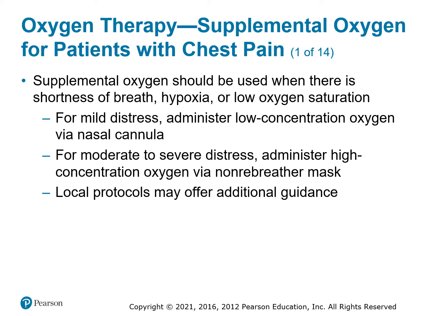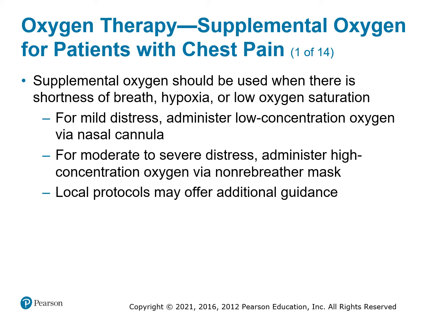For moderate or severe distress, we're likely to need a higher concentration of oxygen. Most often, we're going to give this with a non-rebreather mask. Non-rebreather masks are unique because they actually fit over the patient's mouth and nose, and they have a large plastic reservoir bag on them to help with delivering a higher concentration.